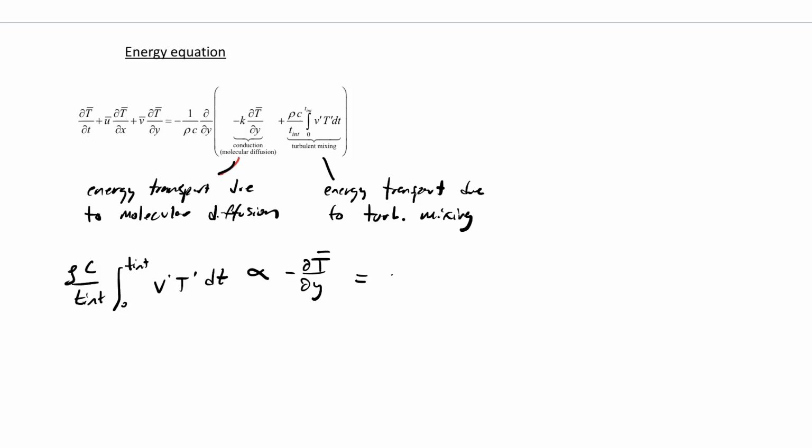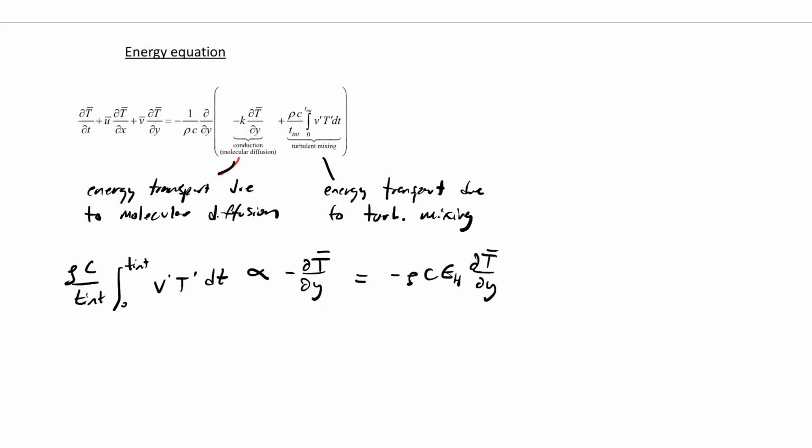In fact, we can write it as minus rho c epsilon H, right? So epsilon H now refers to the diffusivity due to heat transfer, times dT bar dy.